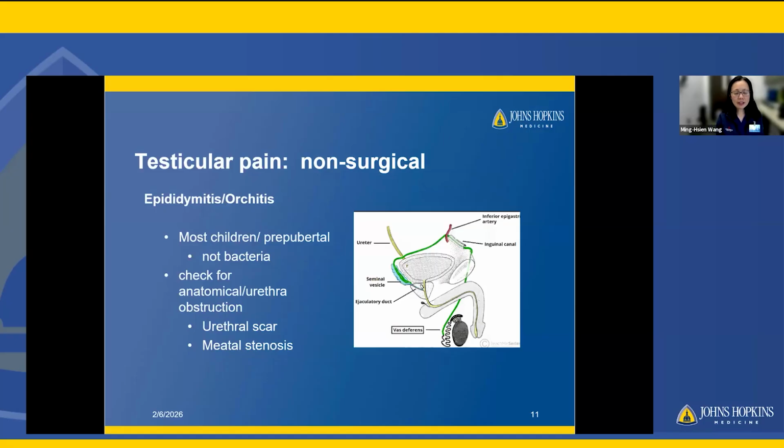So this is another relatively common condition that we see as urologists, and I'm sure you'll see it in your practice, which is nonspecific epididymitis or orchitis. With this, you get a urine sample and you get signs of some nonspecific infection.